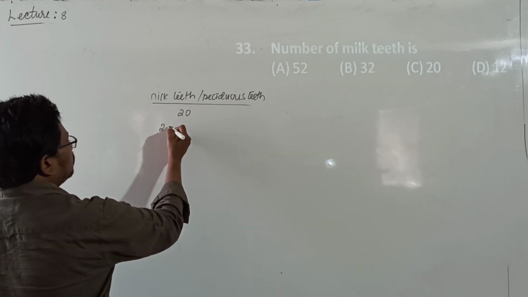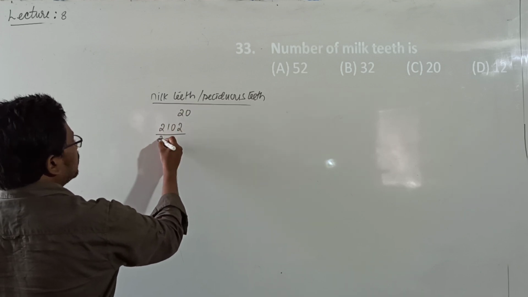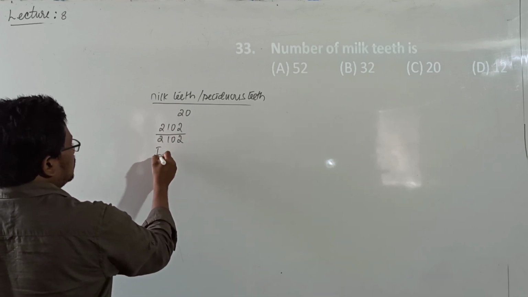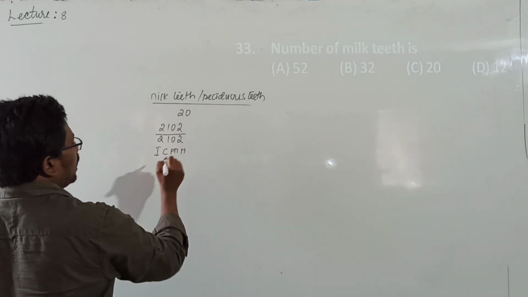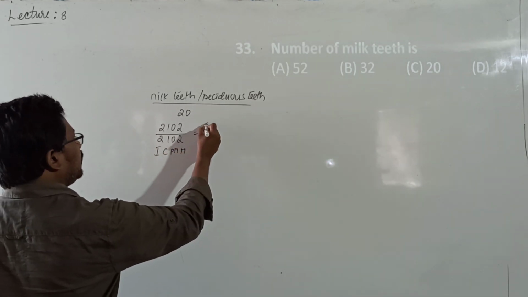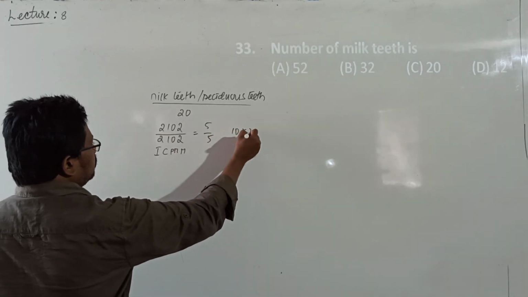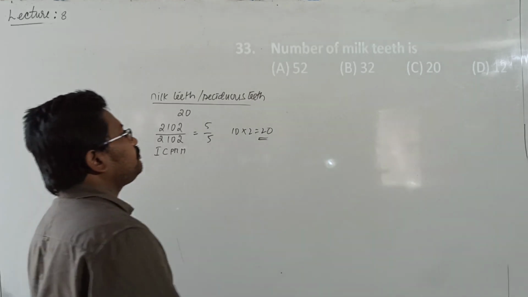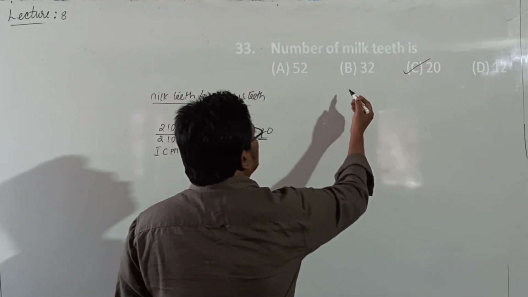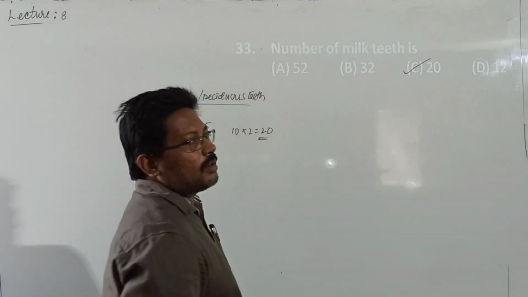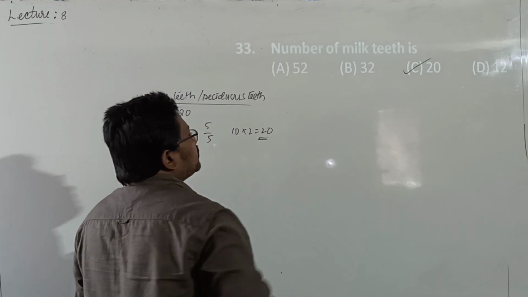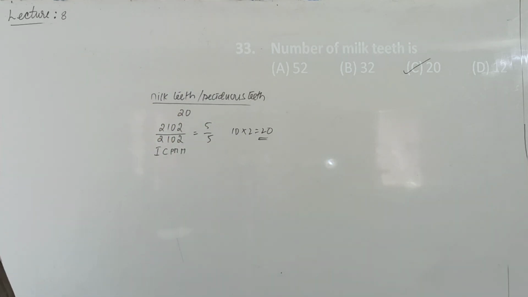Here we take the dental formula 2102 by 2102, where the order is incisors, canines, premolars, and molars, and that totals 20 teeth. So the answer is 20. The 32 is for adult or permanent teeth. The other options are not at all relevant. So option C will be the right option in this case.